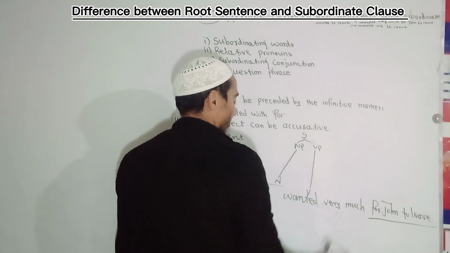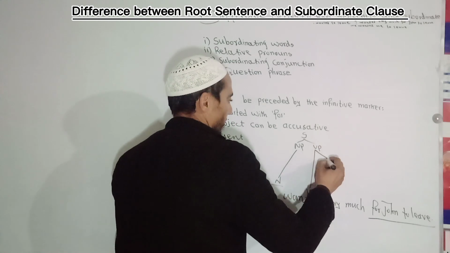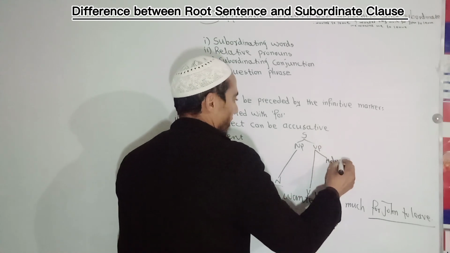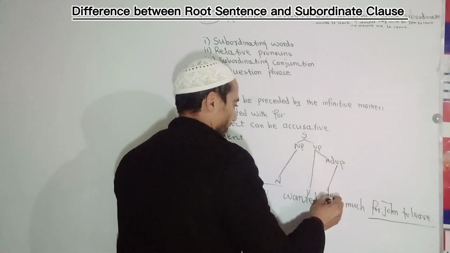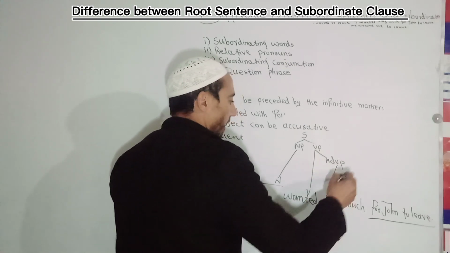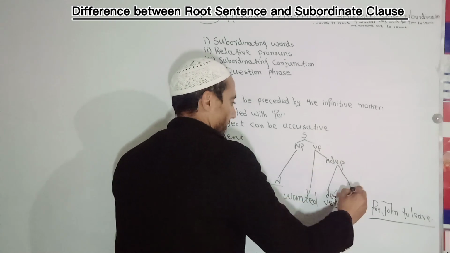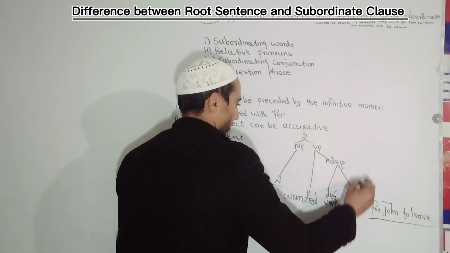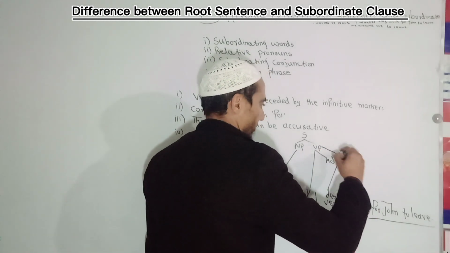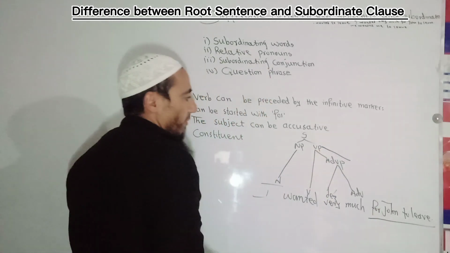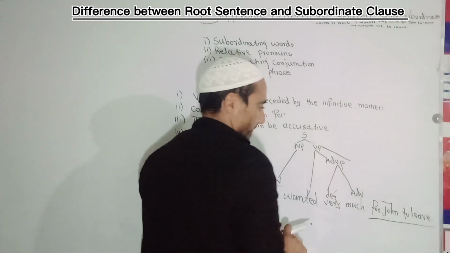So here it is an adverbial phrase, ADVP, with an adverb of degree or degree modifier, "very," and "much," that is the adverb. Now we are taking the string from the verb phrase.